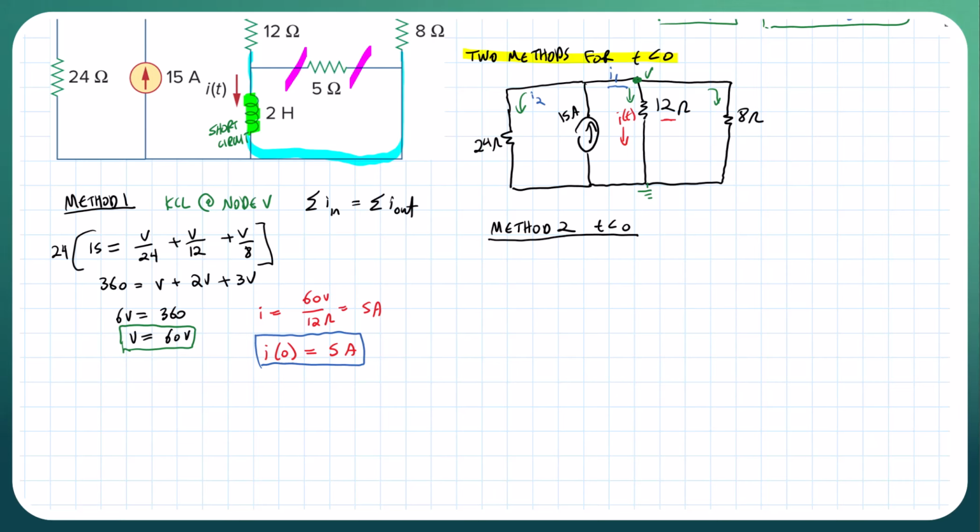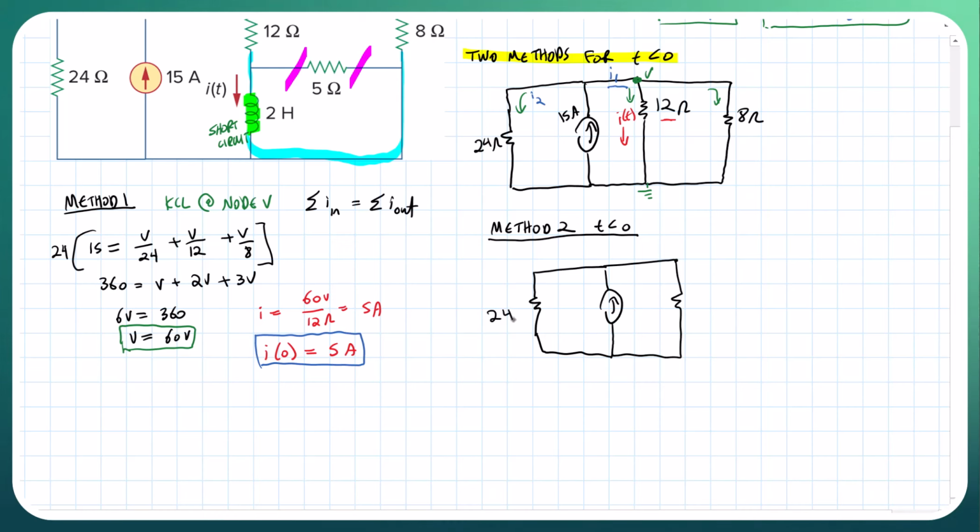Alright, so how are we going to do this? I'm going to take that circuit up here, rewrite it, and rearrange it. We still have our current source, and I'm going to combine the 12 and the 8 ohms that are in parallel.